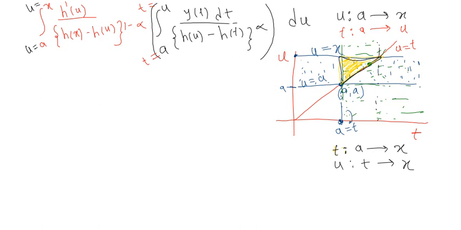Okay, because u is varying from t to x. So this u equal to t is where? This line. So it will vary from here, this line, till x. That means this. Okay, so it is varying in this region. t is varying in this region.